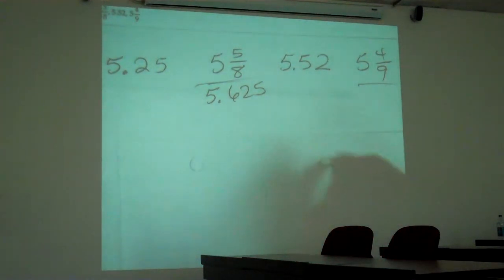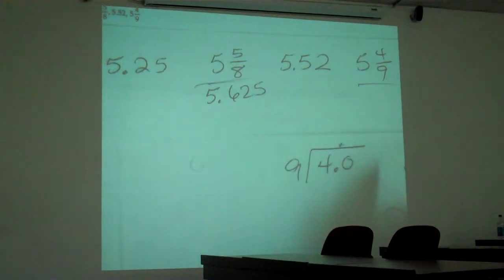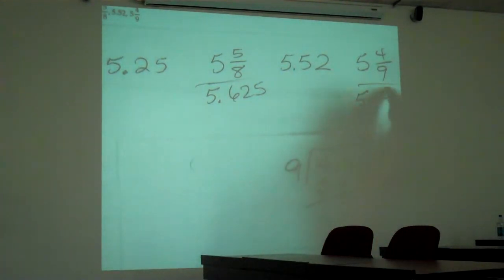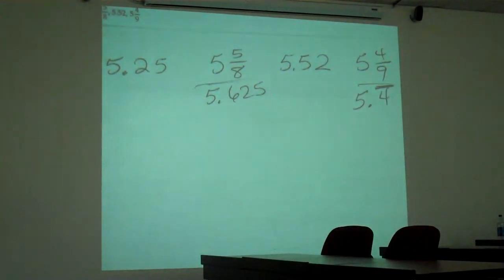Let's put 4 under the division sign, divided by 9. 9 into 40? 4. 36. 9 into 40. It's 4 again, right? So it's 5 point repeating 4, right?